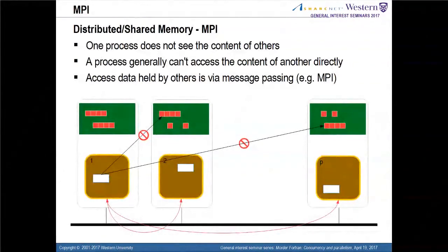Here's what's happening on a distributed and a shared memory system. We have many processes running on different cores. Of course, this process cannot access the data on process 2, and cannot access data on process P either, and so on and so forth.